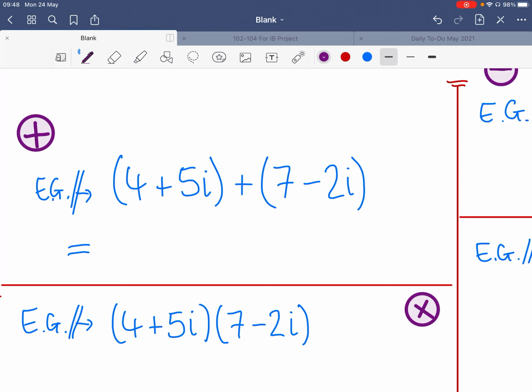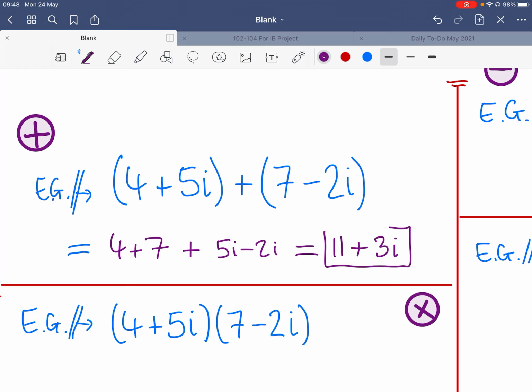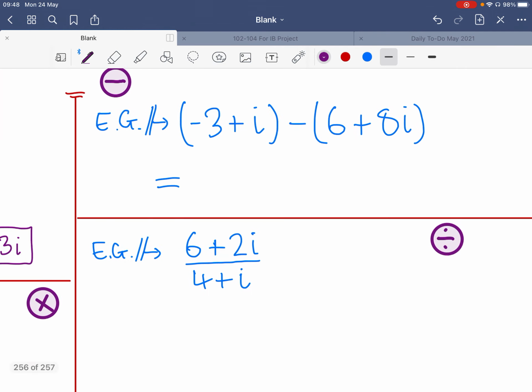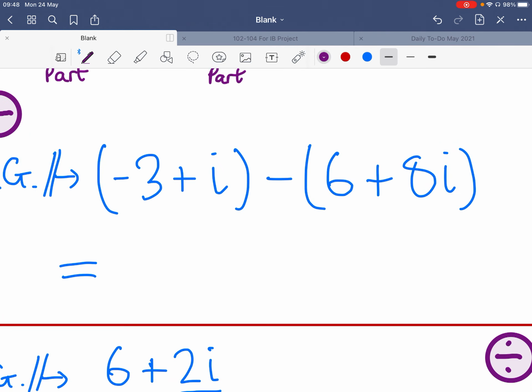You combine the real parts, 4 plus 7, and you combine the imaginary parts, and you get your new complex number. Subtraction, as you can imagine, is almost exactly the same. Just do -3 minus 6, that is -9. And then i minus 8i is -7i. And we have our new complex number.